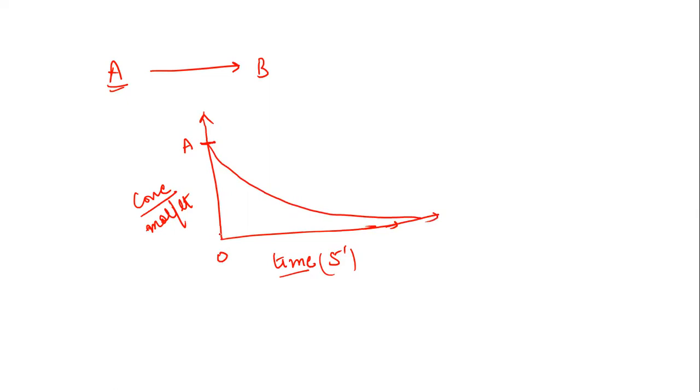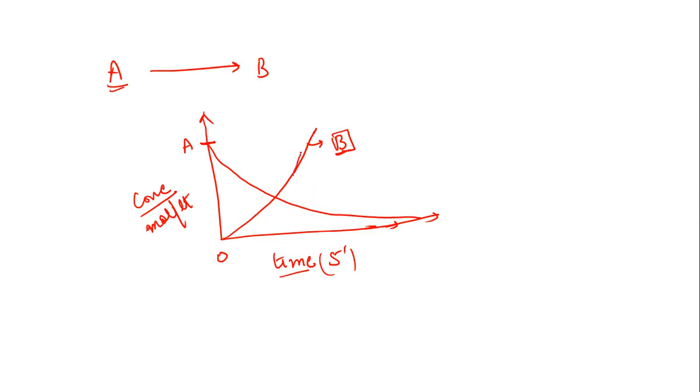And B concentration will increase. This is the B graph, and this one is for A. Clear? Any doubt in this?